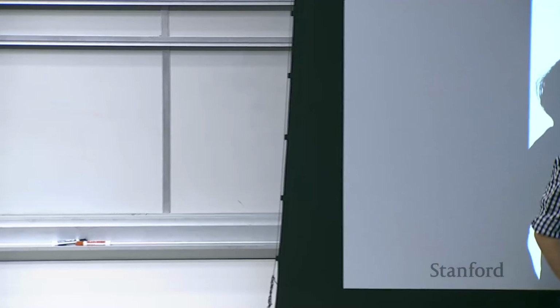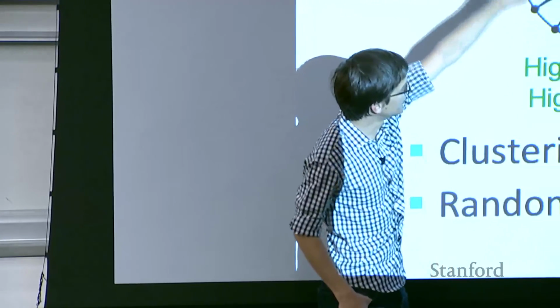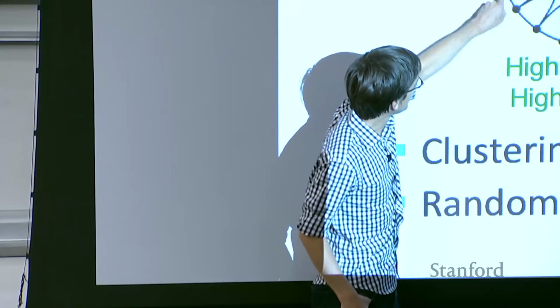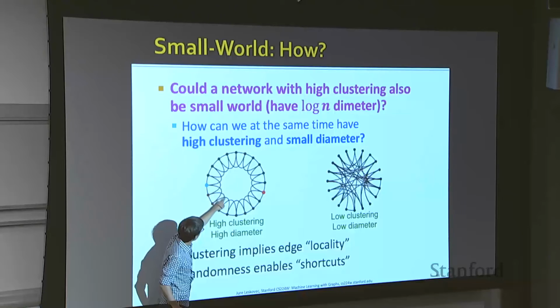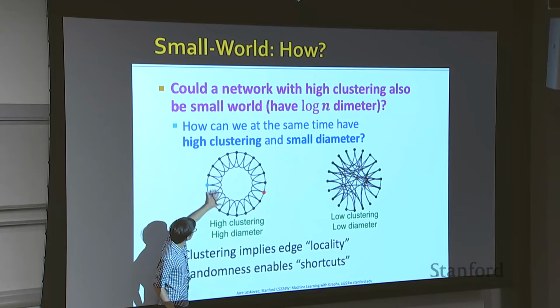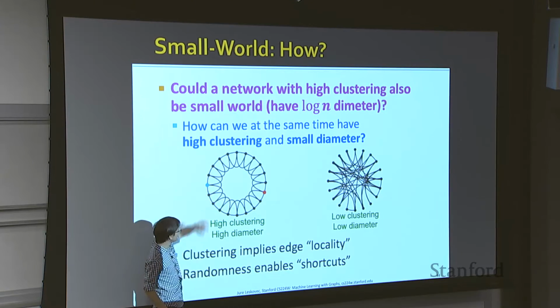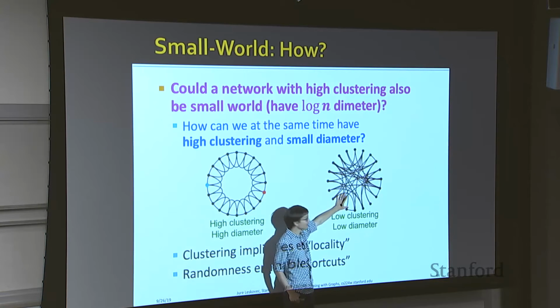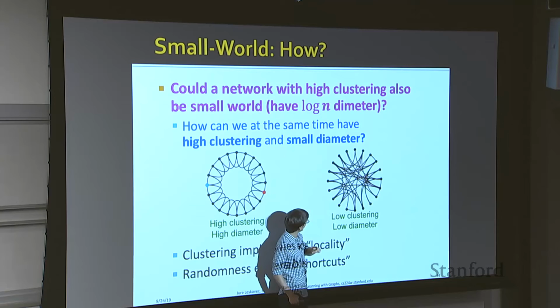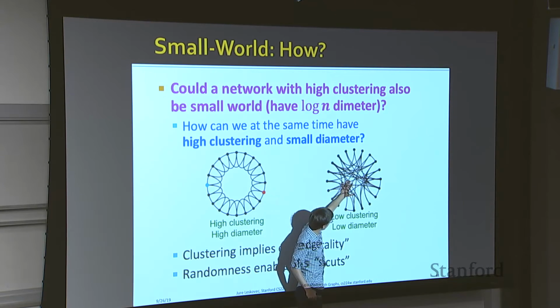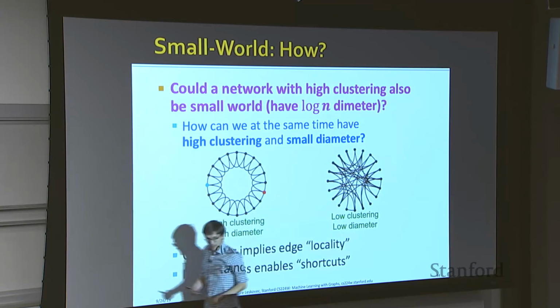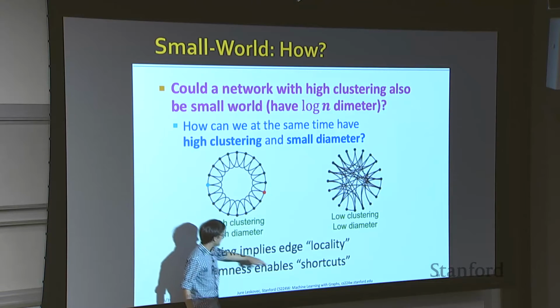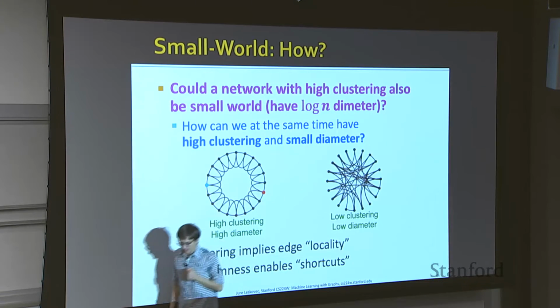And the question was, can I have the two at the same time, right? Here I show the nodes on a ring, and I connect nearby nodes, but also friends of friends. So this would now have a high clustering coefficient, but also high diameter. And a random graph on the same set of nodes would have low diameter, but also low clustering. And the question is, can I have high clustering and low diameter, right?